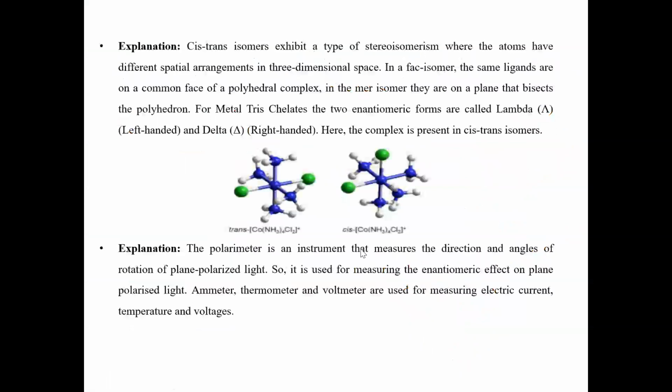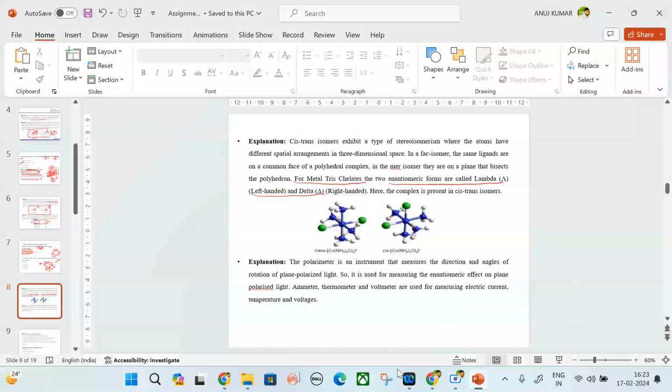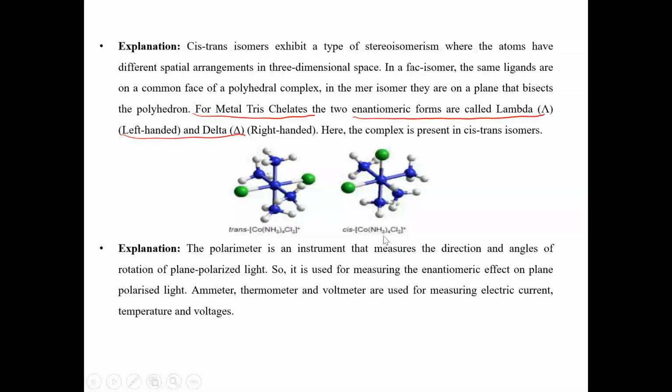So in a tris-chelate metal complex, the two enantiomeric forms are called lambda and delta. Okay, right? And if I talk about facial and meridional isomers, in the fac isomer the same ligands are on a common face of a polyhedral complex.